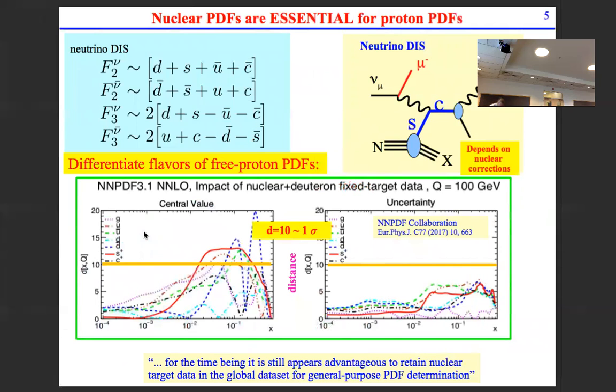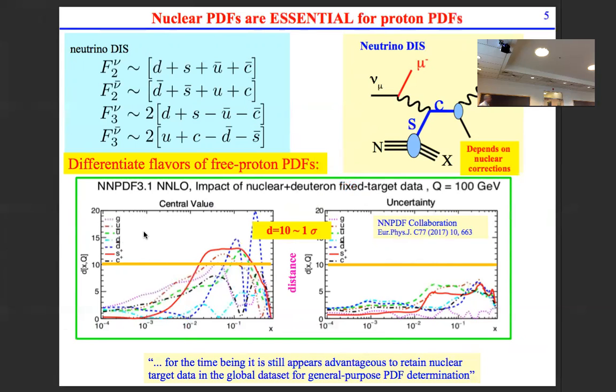So to start with, coming from the high energy side of things, when I address my high energy colleagues on why we're interested in nuclear PDFs, I always have to remind them that they're actually essential for the proton PDFs. Some time ago, back during the era of Tevatron and HERA, there was a group that said, well, let's just take proton-only data.